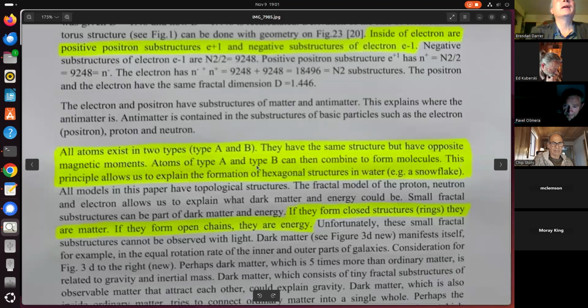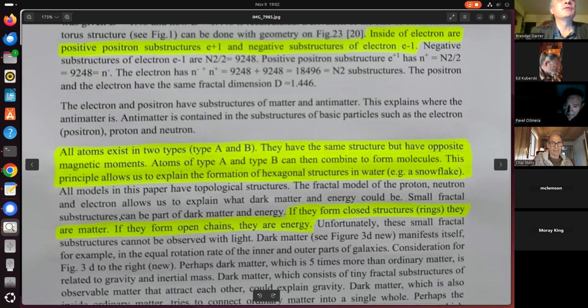Atoms of type A and type B can then combine to form molecules. This principle allows us to explain the formation of hexagonal structures in water, e.g. a snowflake. All models in this paper have topological structures. The fractal model of the proton, neutron, and electron allows us to explain what dark matter and energy could be.